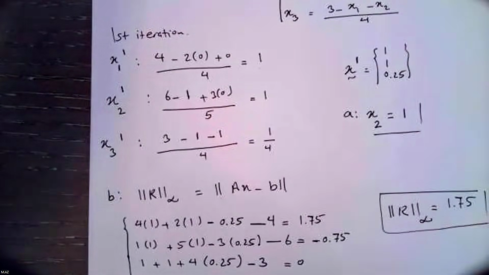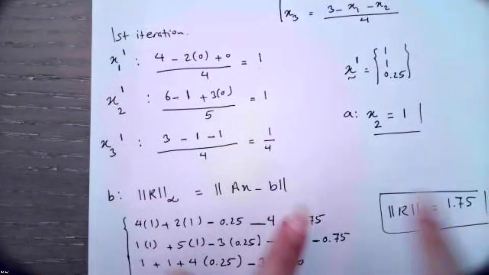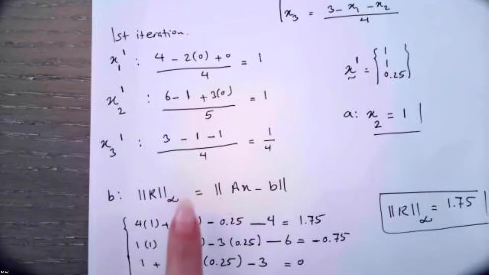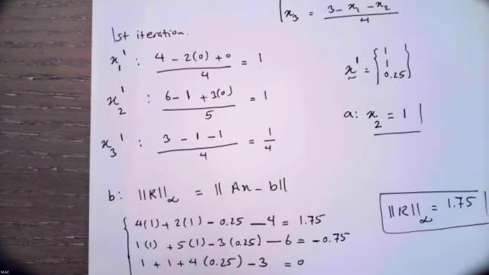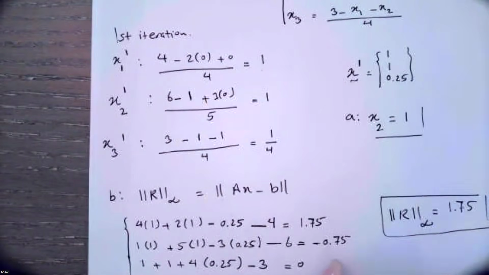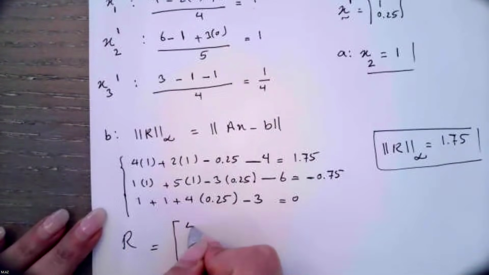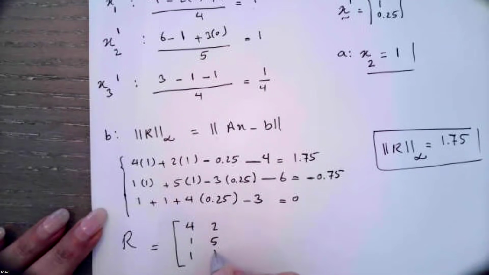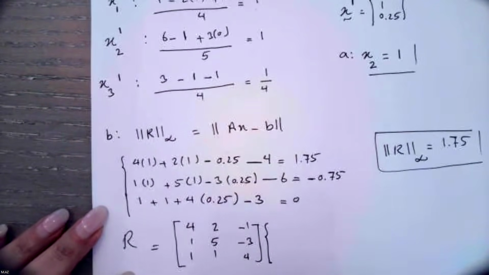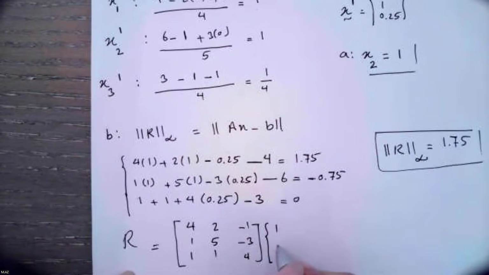Again, for the residuals, you can directly plug your answer into the equations, or you can do this process. This is the matrix of the coefficients. This is our solution, 1.25.